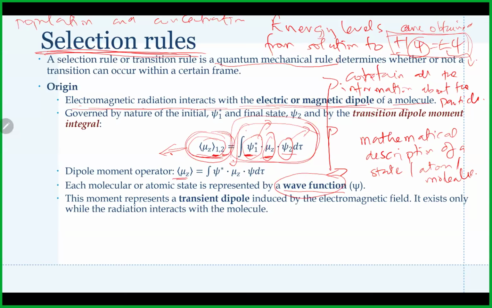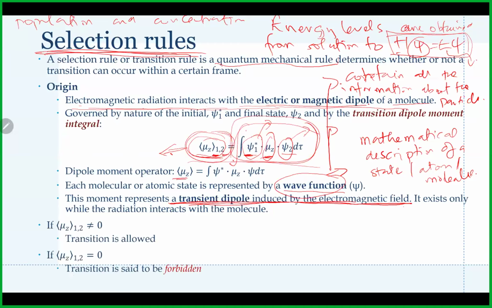So this moment, like I wrote here, represents a transition dipole induced by the electromagnetic field, and it only exists while the radiation interacts with the molecule. Once the radiation stops, of course, it no longer exists.